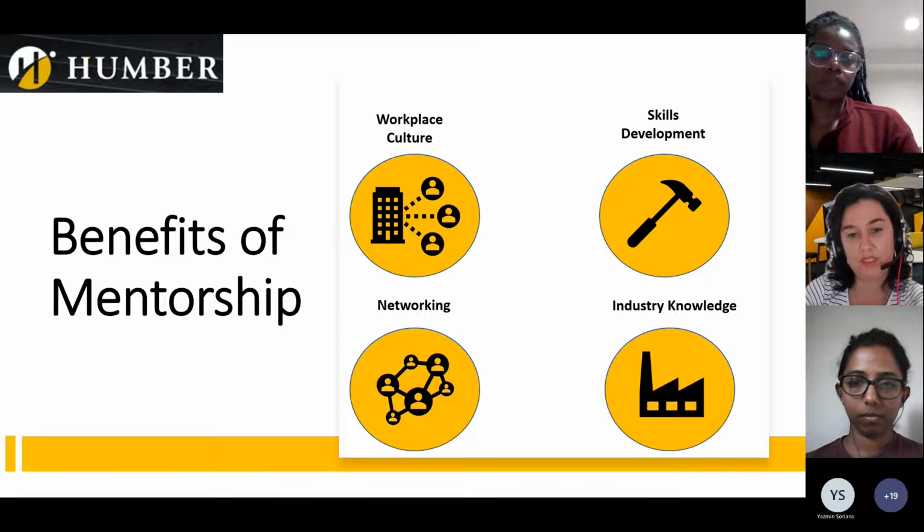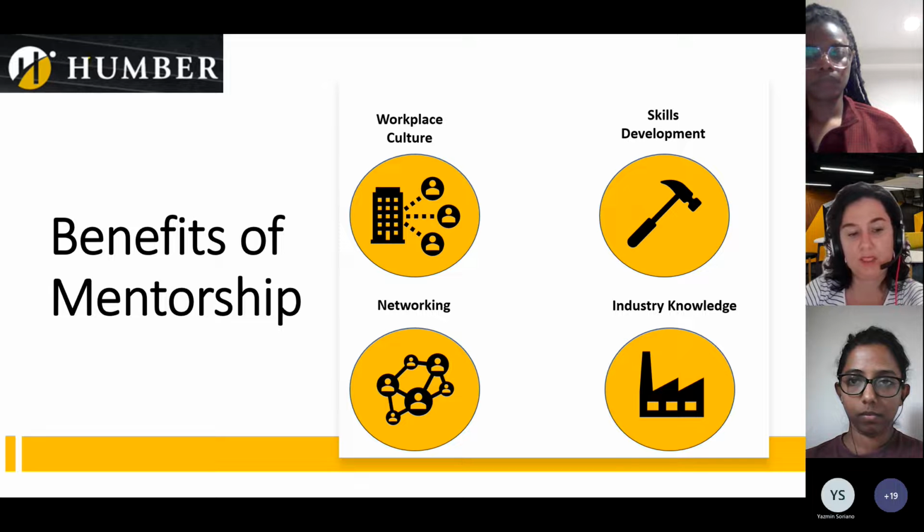So having the ability to share the knowledge of current industry trends and demands from your mentor can provide some very good insights of what the industry is looking for in professionals like you, and then can help you make decisions about how you can proceed in terms of meeting those demands by the industry that you're targeting.